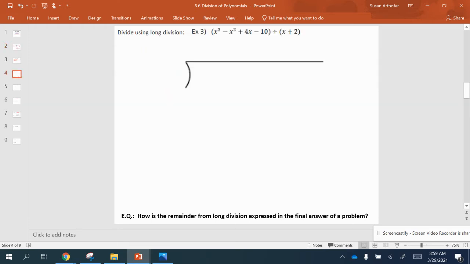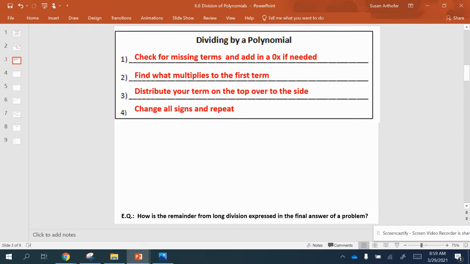So I'm going to skip down to the notes for dividing by a polynomial. We're going to skip the top part for the monomial. If you can hit pause here and go ahead and write down those directions. Okay, so you're going to check for a missing term and add in 0x if needed.